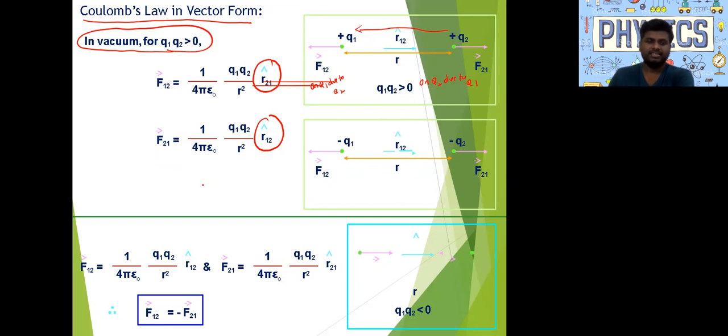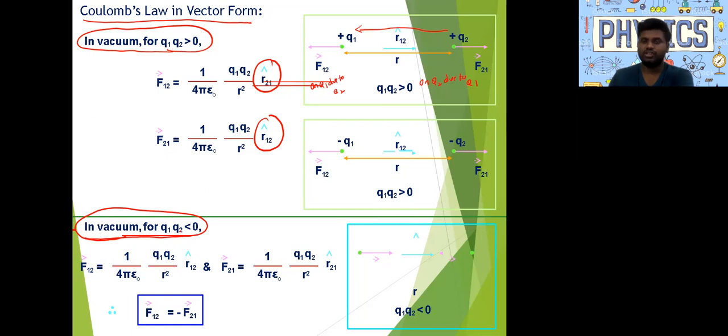Okay. Next, we'll see how these two forces F12 and F21 obey Newton's third law. We'll discuss in vacuum for Q1 Q2 less than 0. Means in vacuum we are taking another case. Here we are assuming one charge is positive and the other charge is negative.